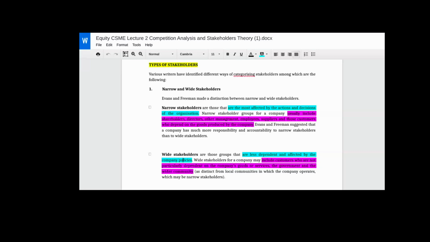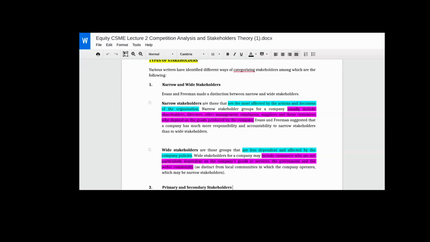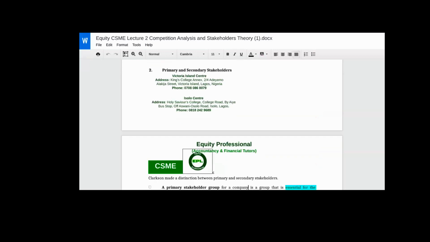So the wide stakeholders include the customers, the government, and the host community. You can see all these examples too fall under what we call the external stakeholders. Wide. They have a very wide relationship with the company. They are not as close as the narrow stakeholders.